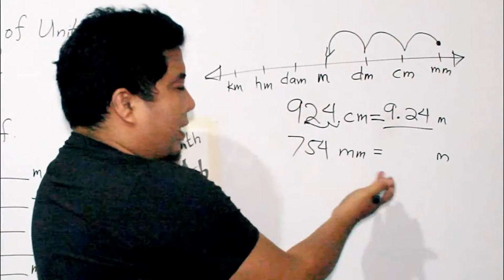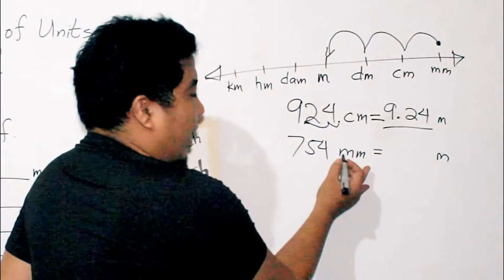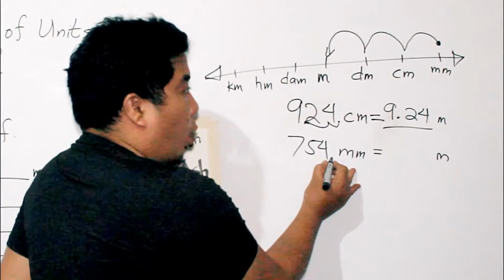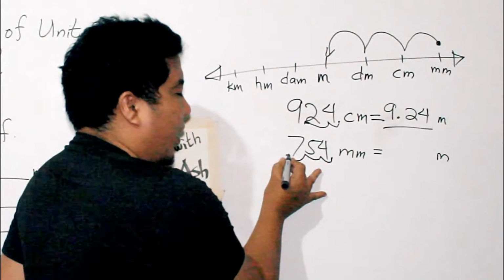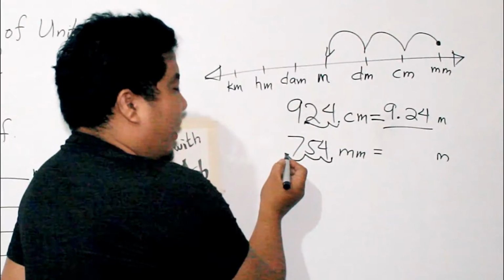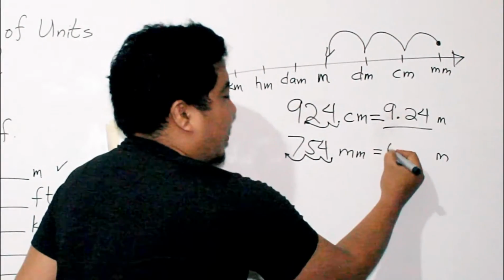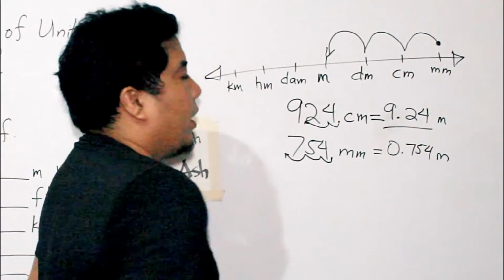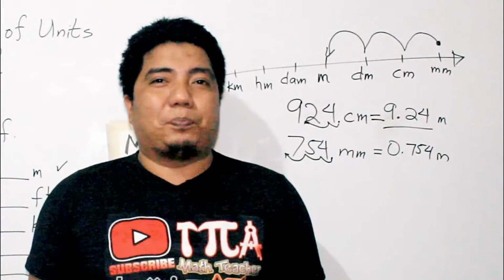Where is the decimal point in our value 754? Of course, that is here. So, if the original is here, we will be moving 3 units to the left, and we will be landing here. So, therefore, what we'll have is 0.754 meters or 754 thousandths meter.